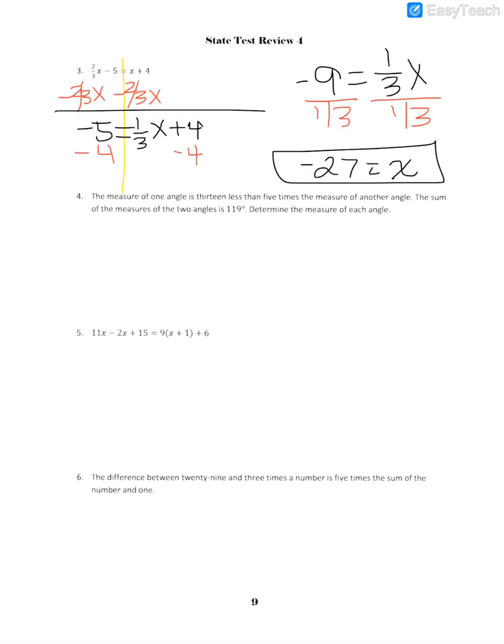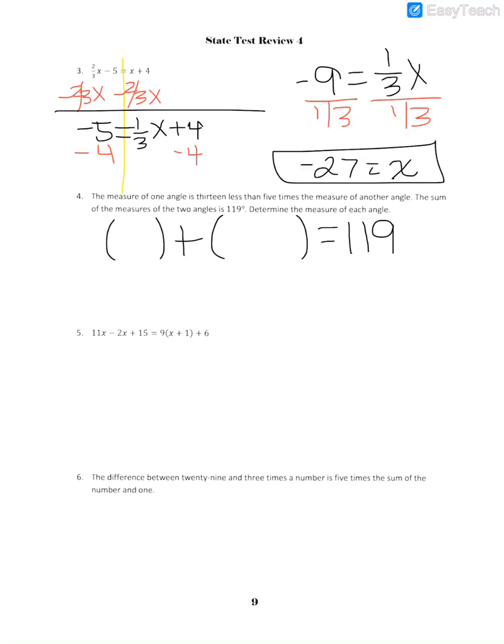Okay, number 4. The measure of one angle is 13 less than 5 times the measure of another angle. The sum of the measures of the two angles is 119. Determine the measure of each angle. Okay, so I know I have 2 angles that equal 119.